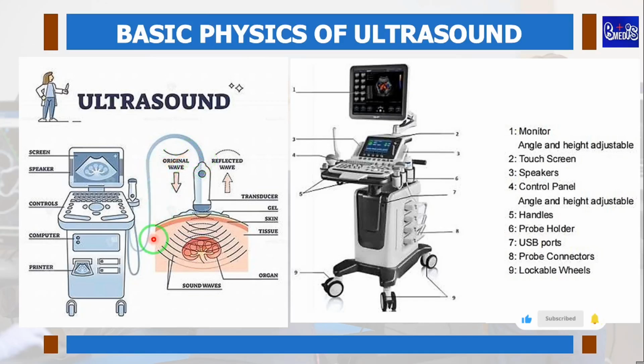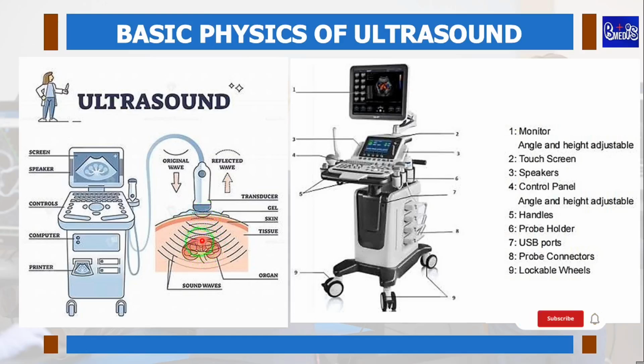So let's just recap on that. The system generates an electrical energy that travels through the wire to the probe. On getting to the probe, there's a piezoelectric material called transducers that vibrates to produce sound waves of high frequency that penetrate the structure of interest.